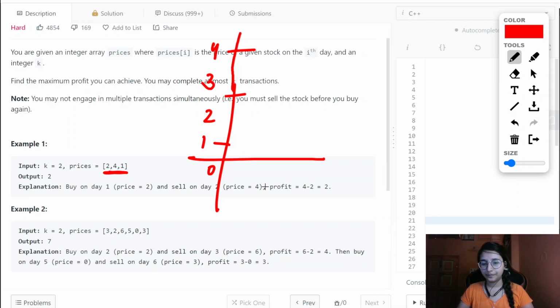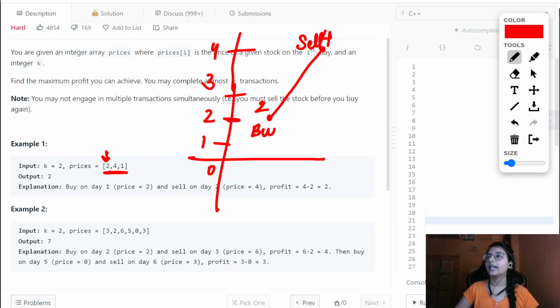At most, so that means we can make fewer than that. At this point, we are at price 2. If we buy this stock here, and then when the price increases to 4, at this particular moment we sell our stock, right?